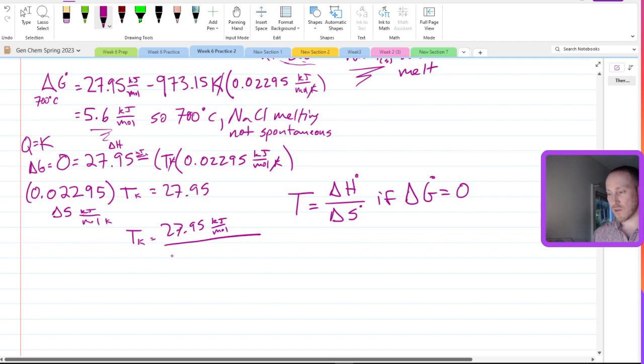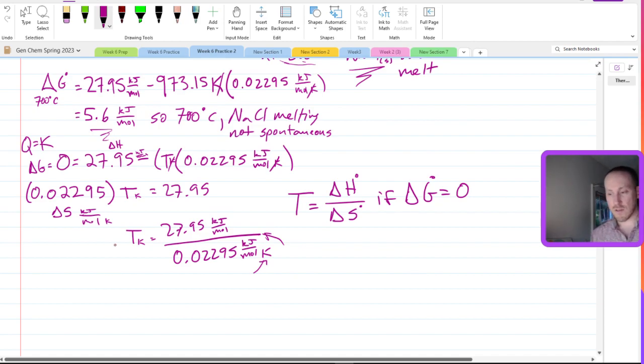But it's very simple this way. So delta S in kilojoules was this, kilojoules per mole Kelvin. And since this Kelvin is on the bottom of a thing that's on the bottom, double bottom, it flips up top, which is why we end up with the units on top for the answer.